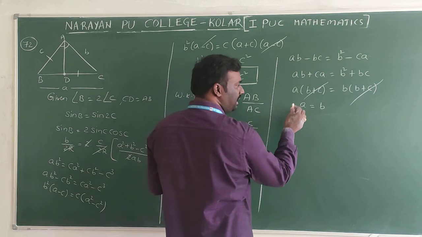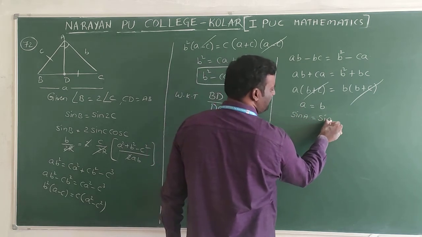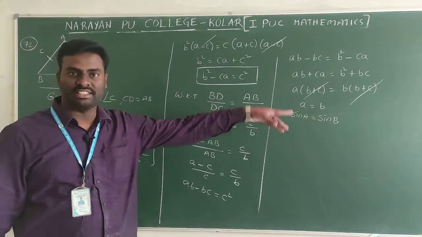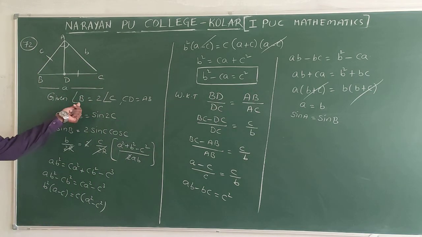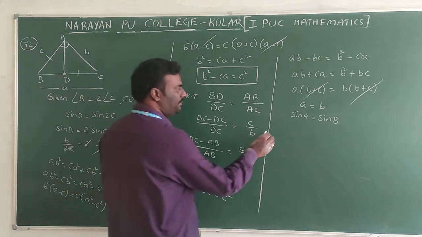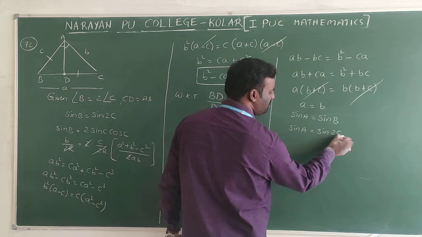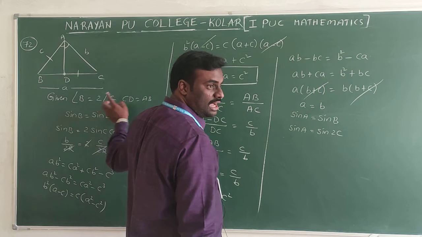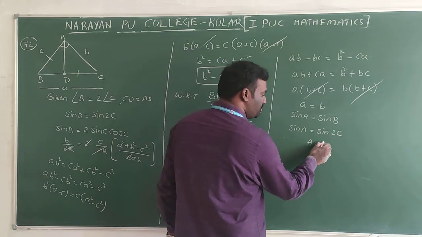A equals b is nothing but you can write sin A equals sin B, because a is nothing but 2R sin A, b is nothing but 2R sin B, 2R gets cancelled. Okay, but here, according to the condition, in place of B I can put 2C. Now I can write sin A is equal to sin 2C. In place of B I took 2C. I am converting the entire equation in terms of C. Now A equals 2C we got.